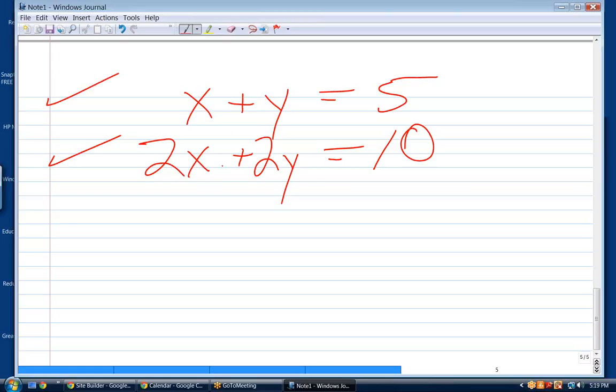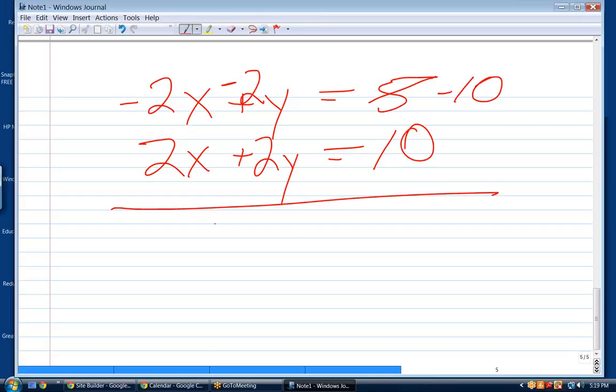There are an infinite number of solutions to this. Notice that if I were to multiply the top by minus 2, and then add, I get 0 equals 0. Meaning I have no way of solving this because there are an infinite number of solutions.